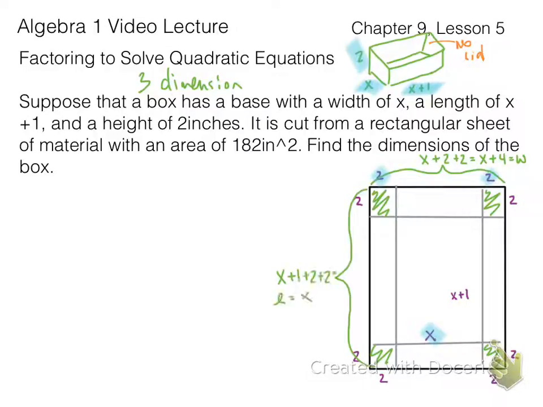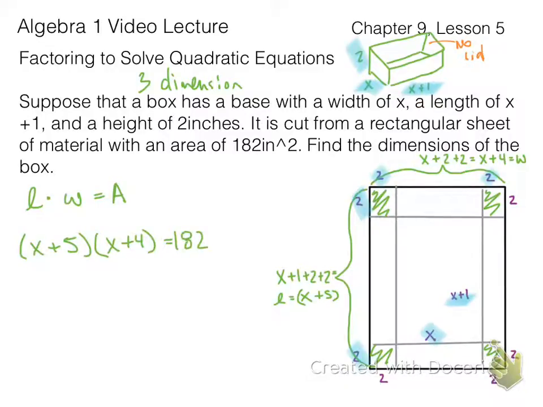Well, we know the length is the two we're cutting out plus the x plus 1. So that ends up giving us x plus 5 as the length. And as you remember from probably 5th grade math, length times width equals area. So if I multiply x plus 5 and x plus 4 together, it equals 182.